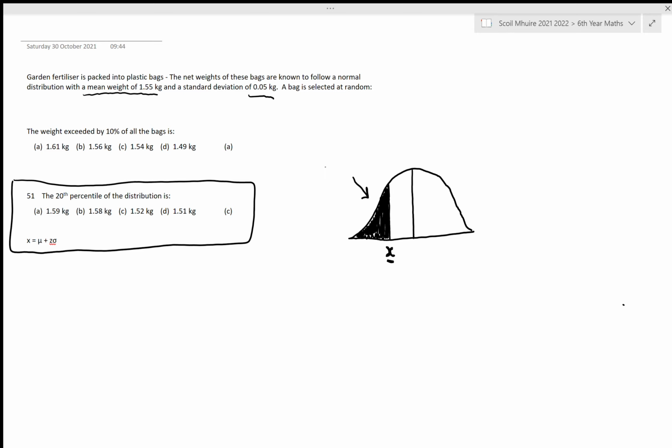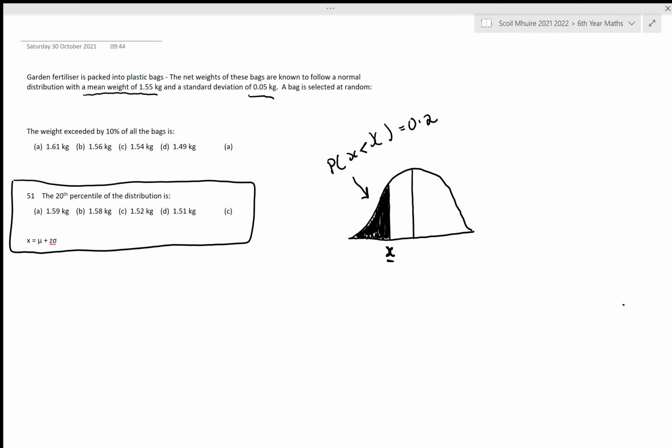So here we're told the probability of x less than x is equal to 0.2. In this question, they are asking you to find the weight in which 20% of the population will have a weight lower than that value. So you're looking for this value of x.